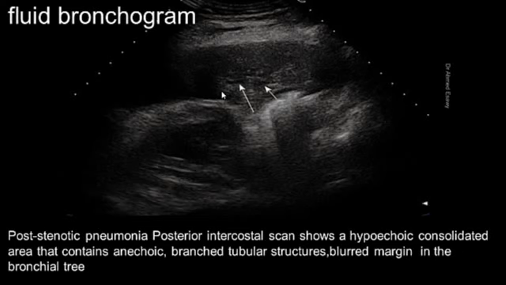This is the fluid bronchogram. In post-stenotic pneumonia, the posterior intercostal view shows a hypoechoic consolidated area that contains an anechoic branching tubular structure. It is hypoechoic, not echogenic like the air bronchogram, so it is called the fluid bronchogram.